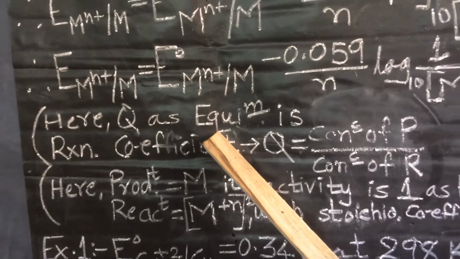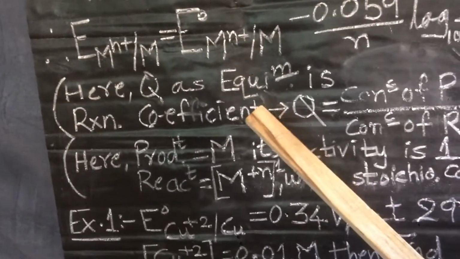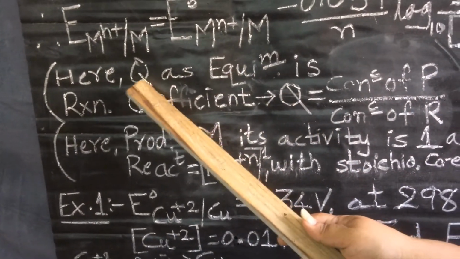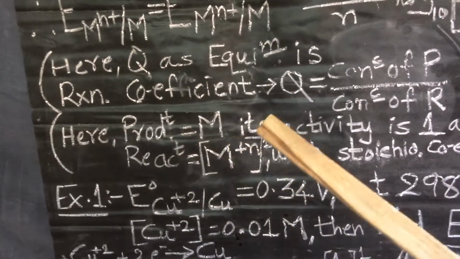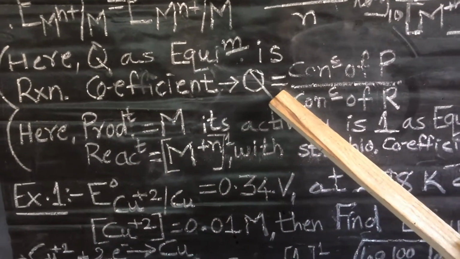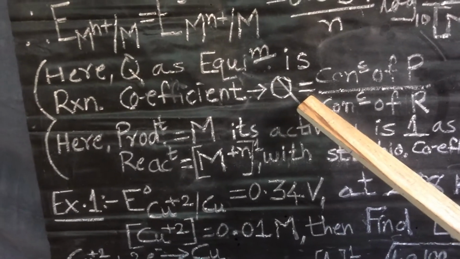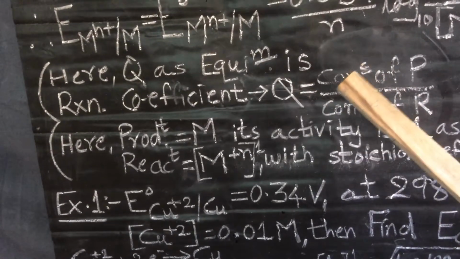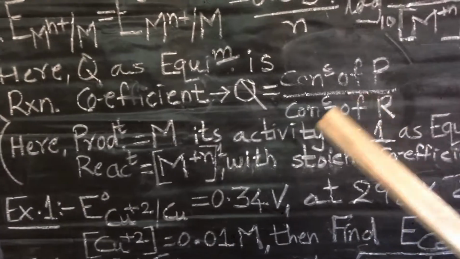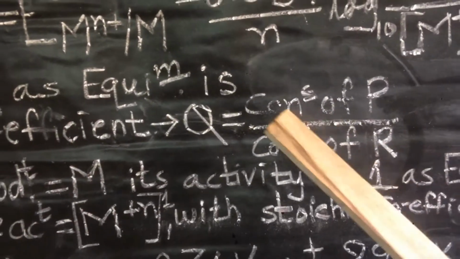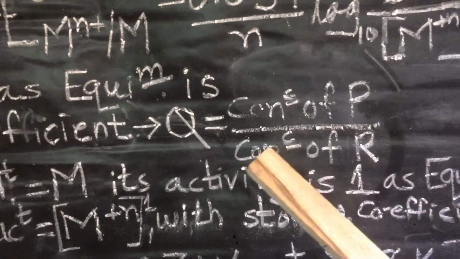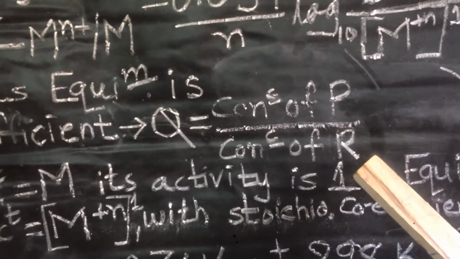You have learned in the 11th standard equilibrium chapter that Q stands for the reaction quotient. What is the reaction quotient? It is the ratio of the concentration of product to the concentration of reactant.